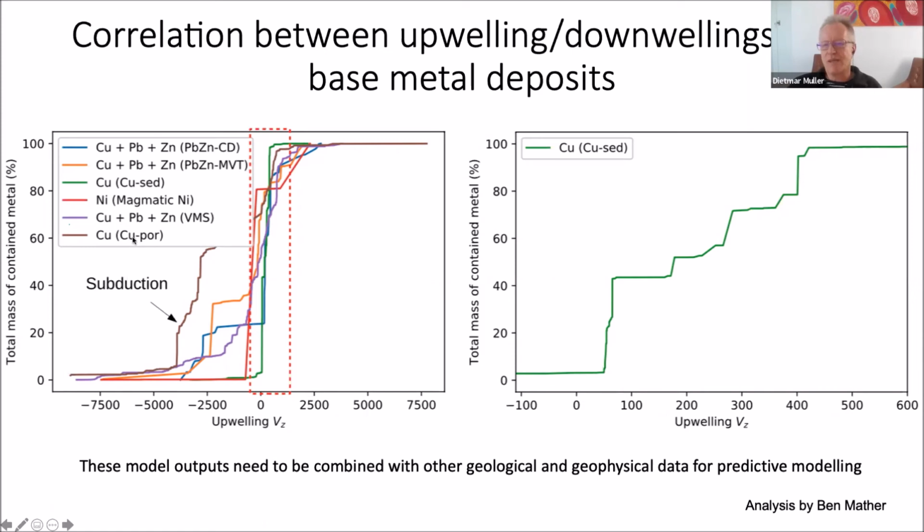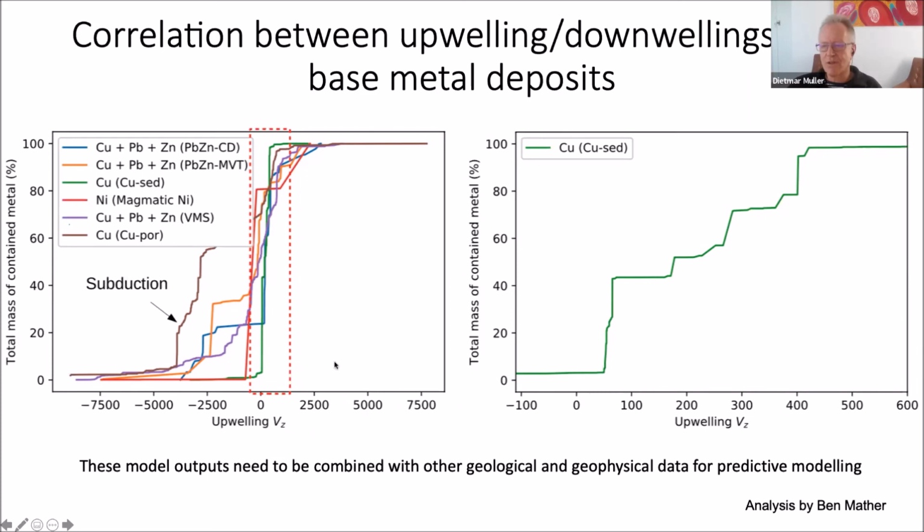So subduction-related copper porphyry deposits, that's the brown curve here, right? So they're clearly associated with negative velocities here, well, because they're associated with subduction zones and downwelling, right? Now, all the intraplate deposits, the ones described in the Hoggart et al. paper, they're more clustered around zero, which is not a big surprise because there are neither major upwellings nor downwellings within the interior of continents.